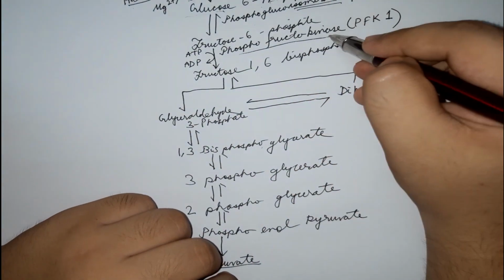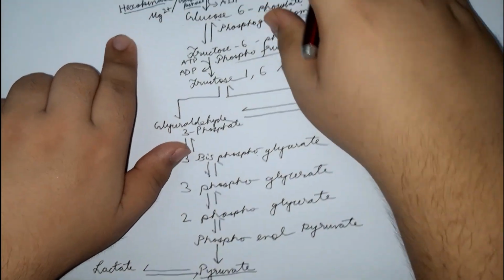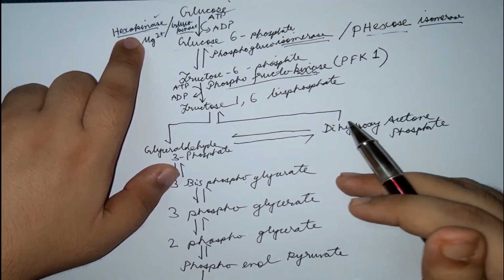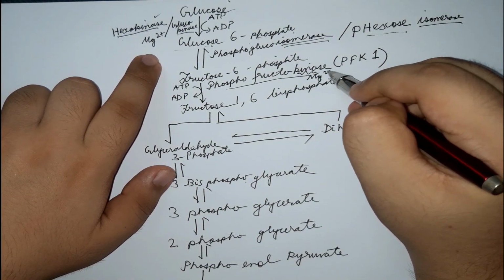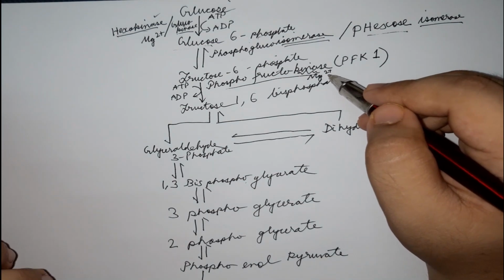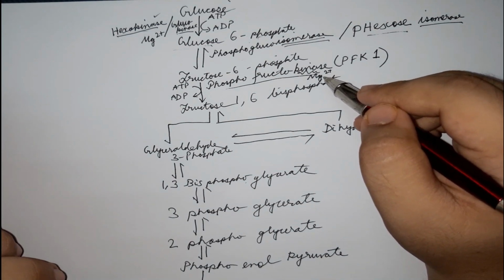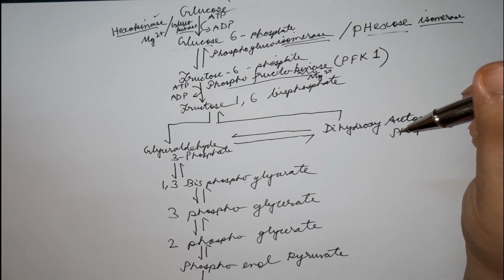And by the way, since it's a kinase, just like hexokinase or glucokinase, it also requires magnesium as cofactor. In fact, most of the enzymes in glycolysis require magnesium as cofactor.